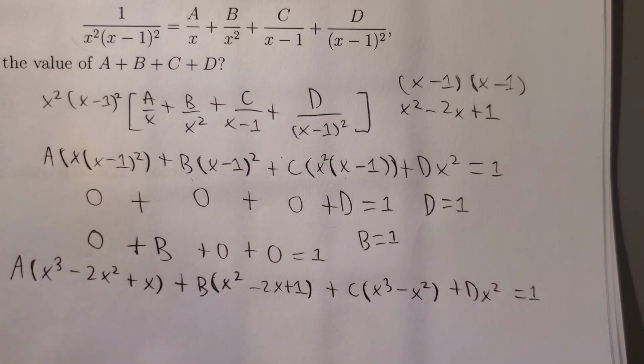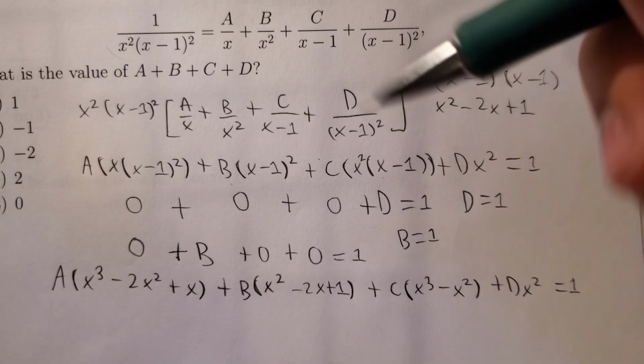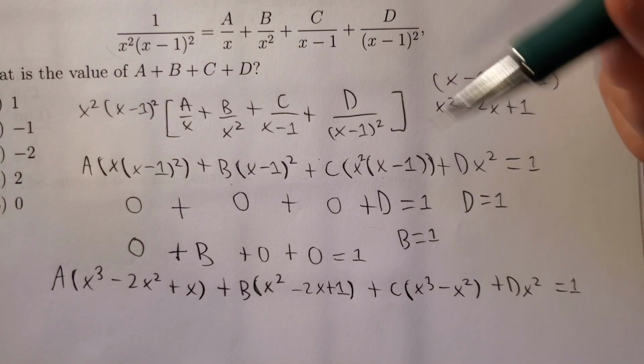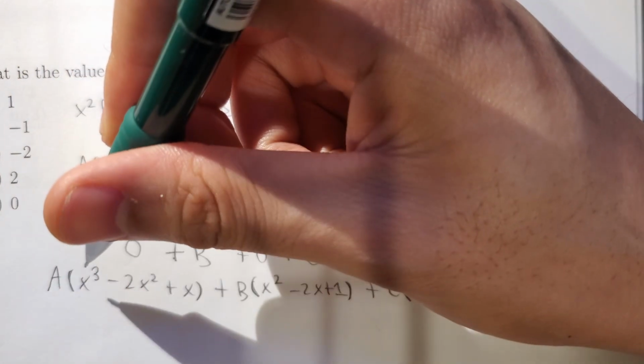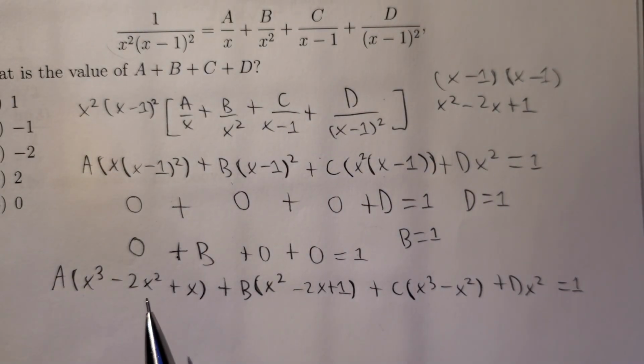So from here, now that I have this new equation, I'm going to relate like terms together on both the left side and the right side. So x cubed terms, x squared terms, x terms, and then also no variable terms. And since the right side only has a 1, I know that any x cubed terms, x squared terms, and x terms are going to add up to 0.